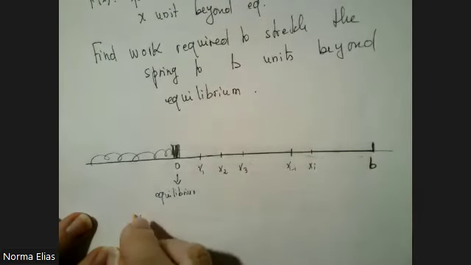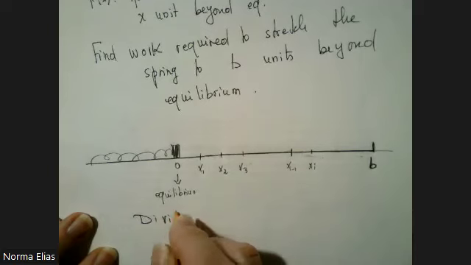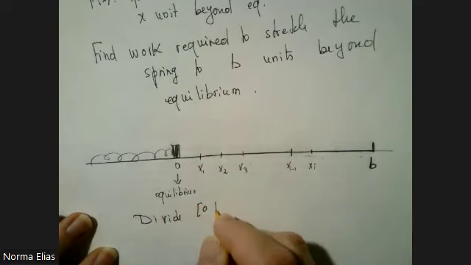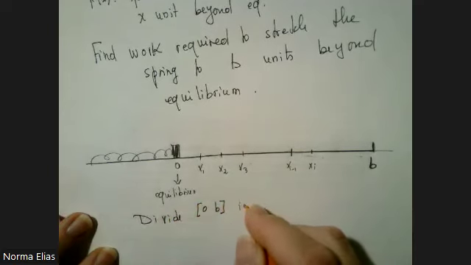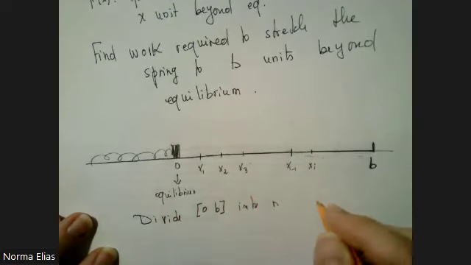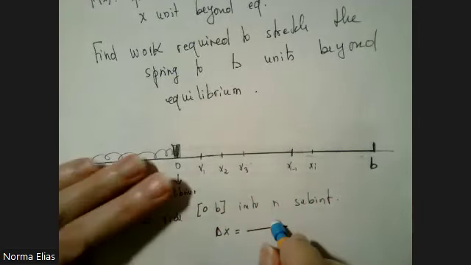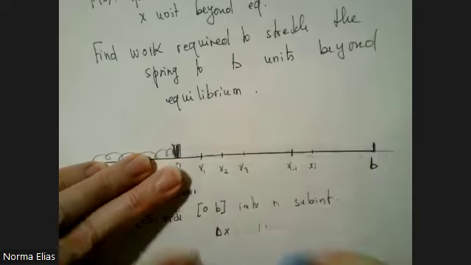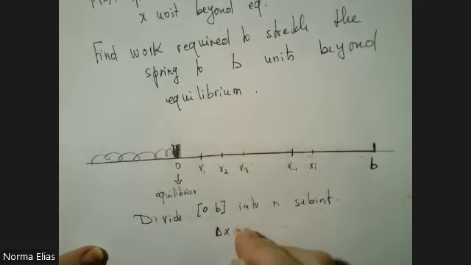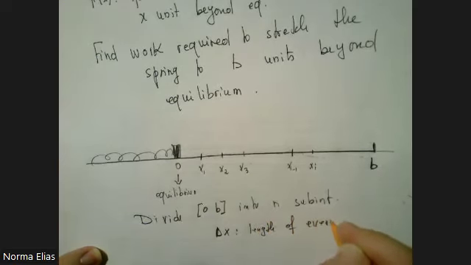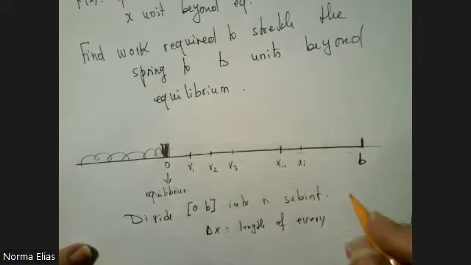We're going to divide the interval 0 to B into n subintervals, and delta x, which is supposed to be very, very small, is the length of every subinterval.